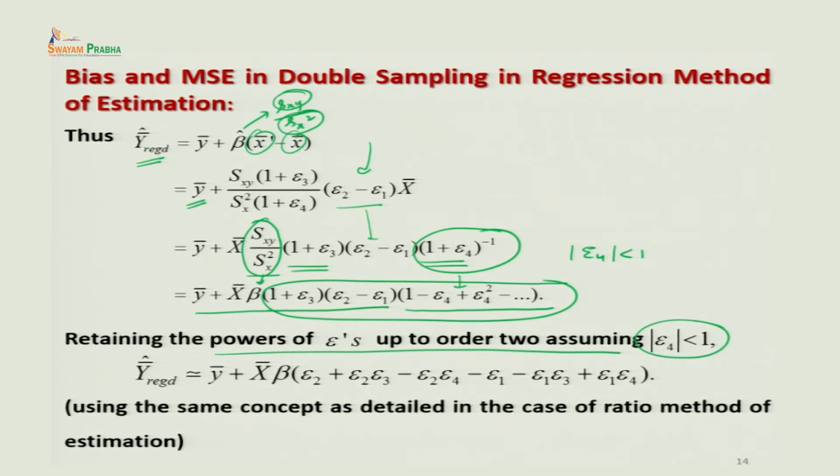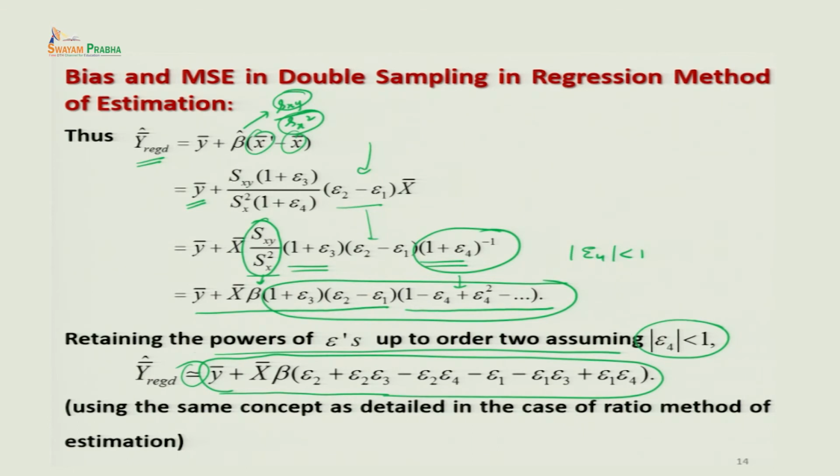The interpretation and the consequences of that we had discussed in the case of the ratio method of estimation, so I am not going to repeat it here. Now we ignore all the terms which have power more than 2, and then we have this expression finally, and this is the approximate estimation error of the regression estimator under the double sampling.